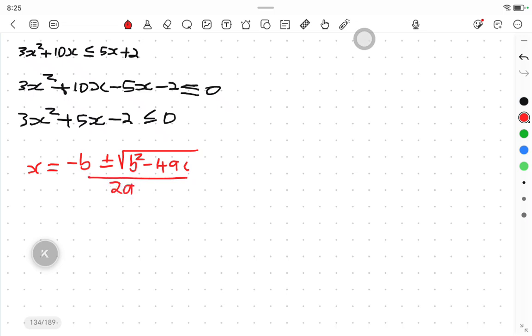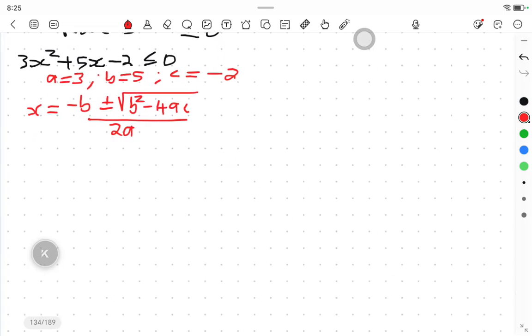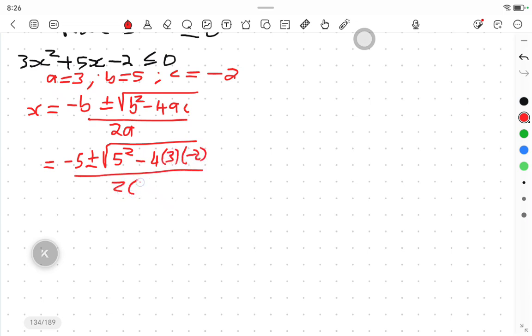Then we let a be equal to 3, b be equal to 5, and c be equal to minus 2. So this will be minus 5 plus or minus the root of 5 squared minus 4 times 3 times minus 2, all over 2 times 3.